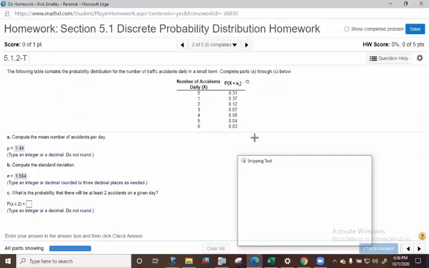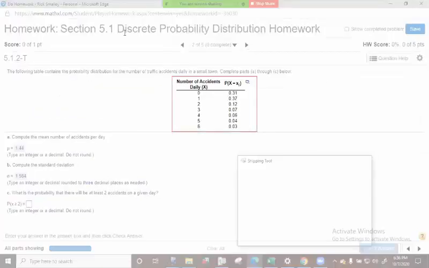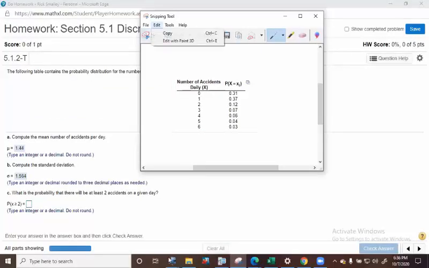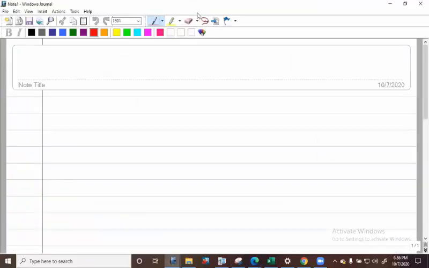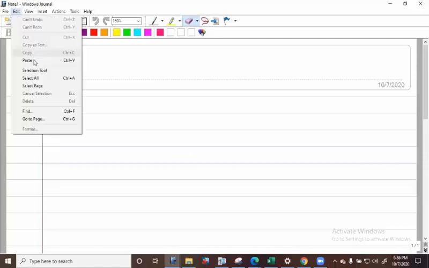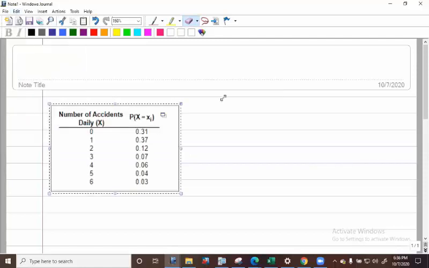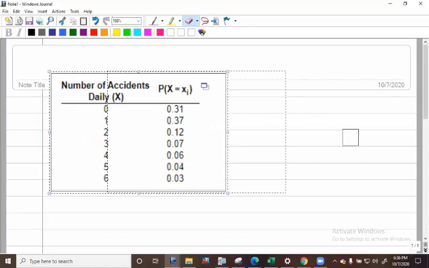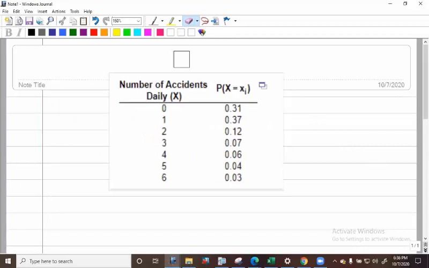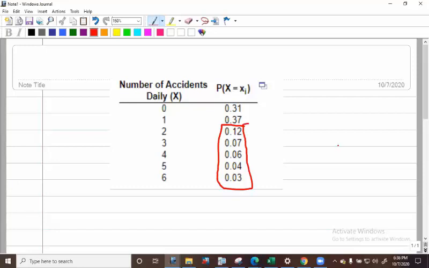So let's do this. I can make it a little bit bigger too. Greater than or equal to 2. So we come up here. You agree?